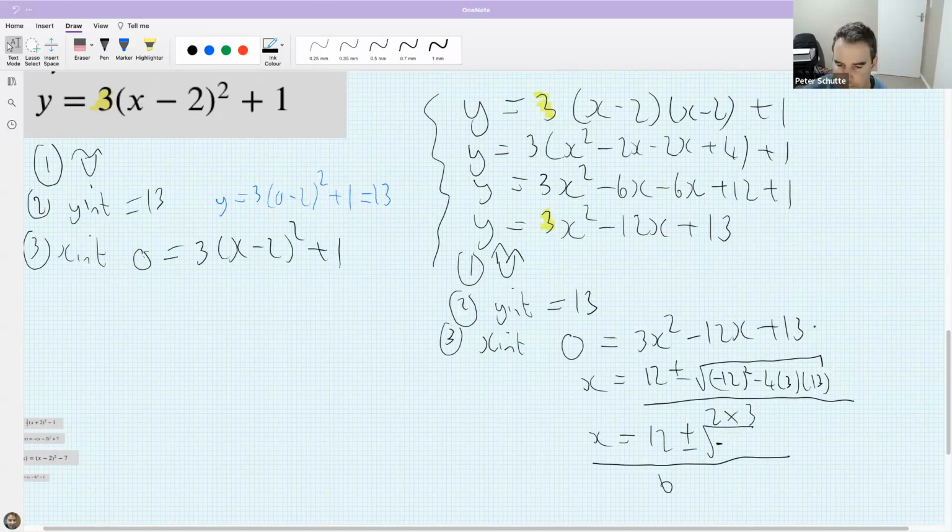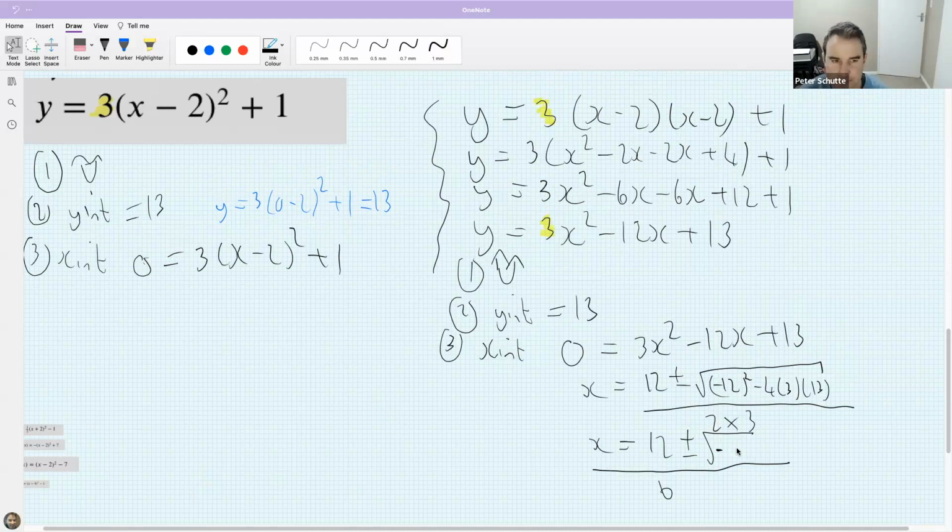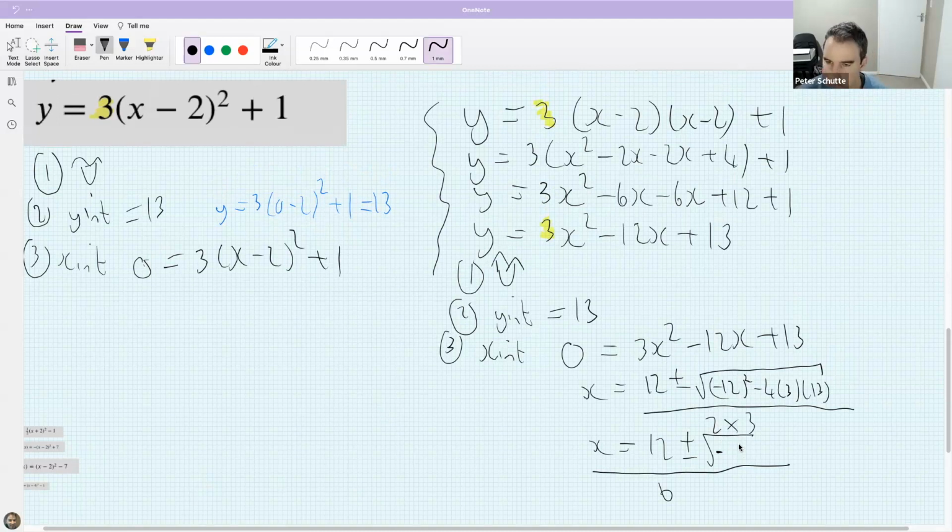Let me check. I'll explain what it means. It probably means there's no x-intercepts. Well, I got minus 12. Okay, that's good. What that means is there's no x-intercepts, because if delta is negative, there's no solution. So that's not a problem.